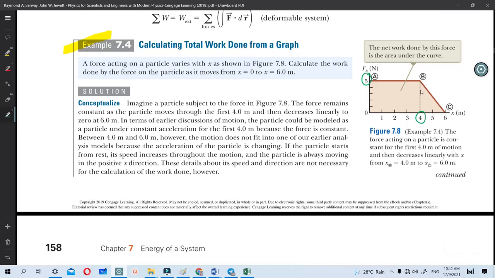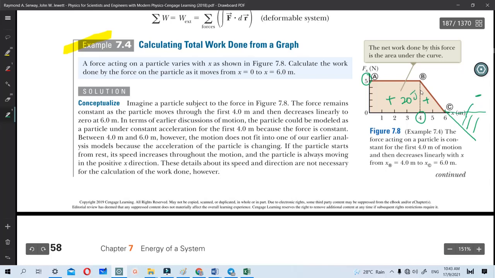In the case that the direction of force is negative, you will find that the graph would be somewhere below here. So this is the scenario where work would be negative. But in this case, this is positive work and this is positive work. So 5 times 4 is 20 joule.